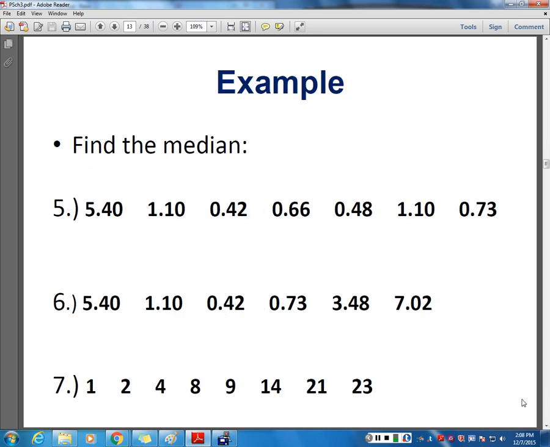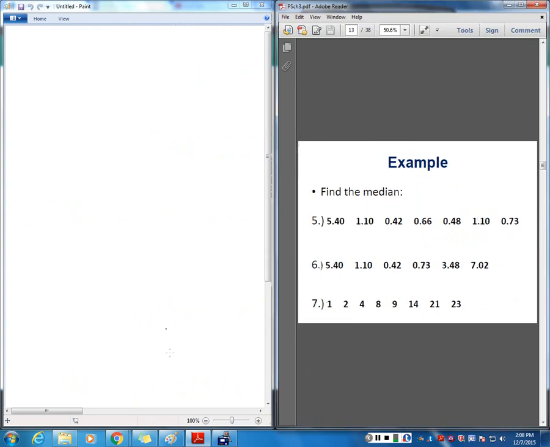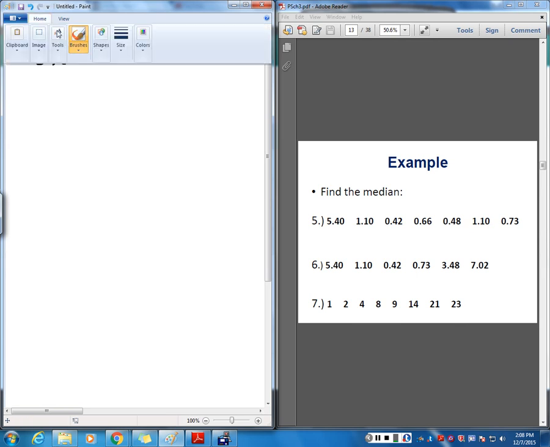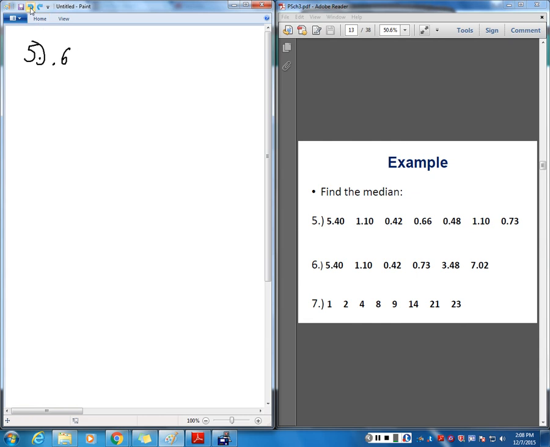Here are a few examples. Number 5, we'll find the median. First thing I'm going to want to do if my numbers aren't already listed in order is to do just that. So I will. 0.66. Oh, missed one. 0.42 comes first.